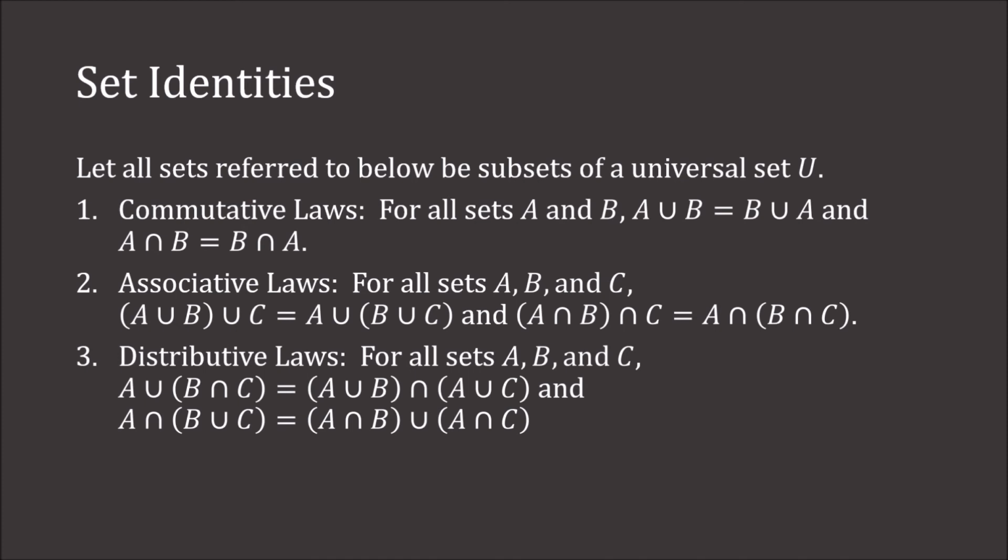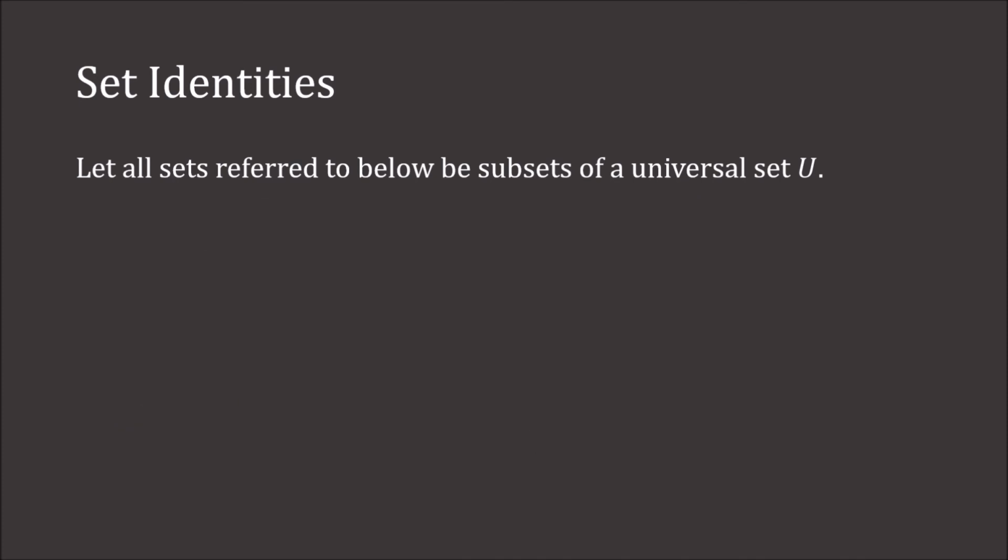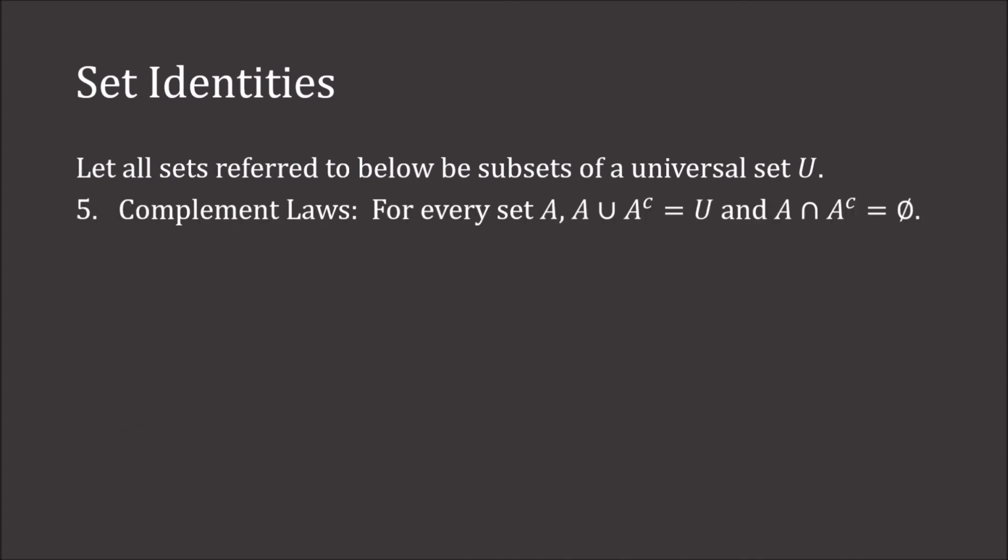The identity laws: for every set A, A unioned with the empty set is A, and A intersected with the universal set is A. The complement laws: for every set A, A unioned with A complement is the universal set, and A intersect A complement is the empty set.